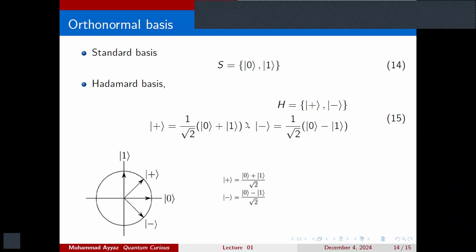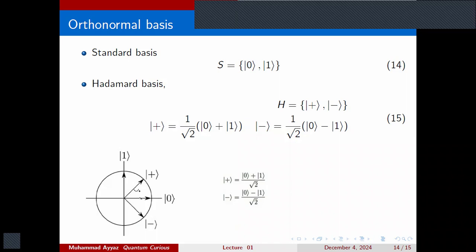So similarly, we have an orthonormal basis for qubits. The most standard and most used basis is the computational basis, and they are 0 and 1. And these bases are associated with two-dimensional space. Similarly, we have the Hadamard basis, and they are just the off-diagonal bases, plus and minus, and we could see them as making a 45 degree angle with 0 and 1.